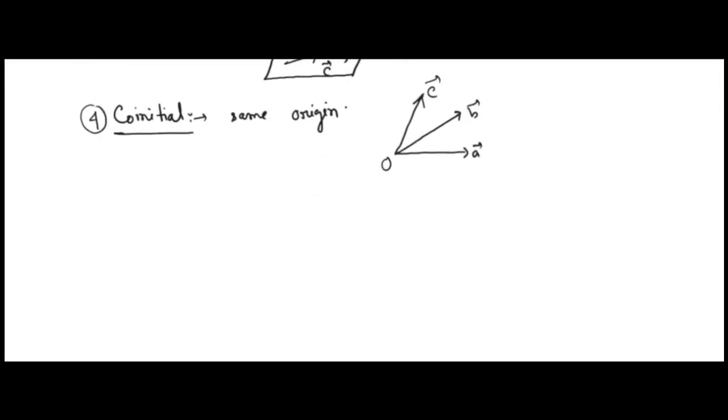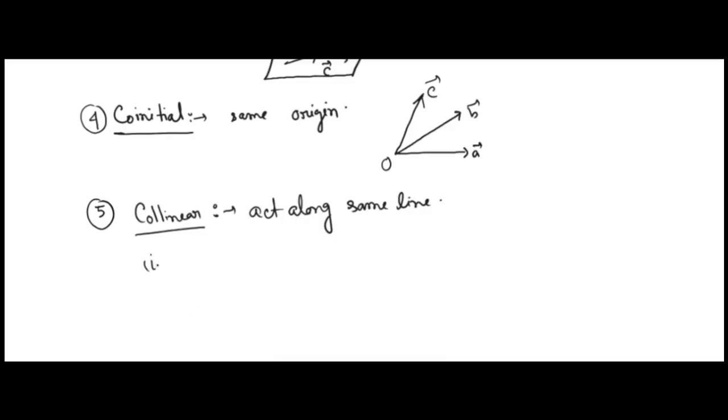Now I will talk about the collinear vector. Collinear vectors means the vectors act along the same line, and also they act along the same or opposite direction.